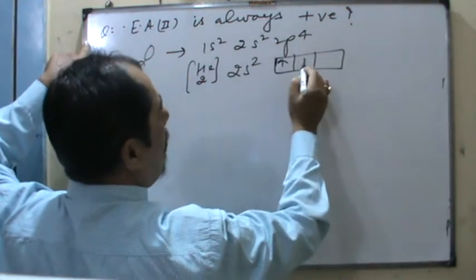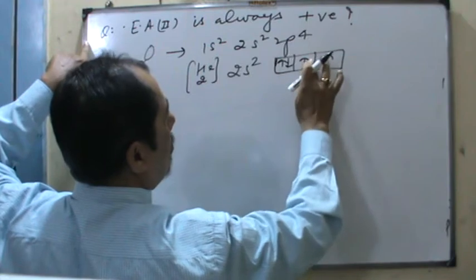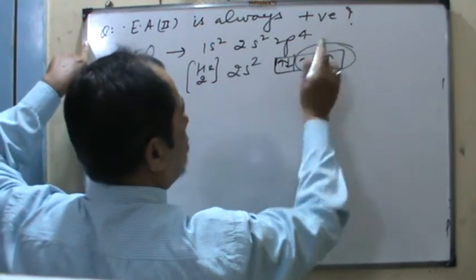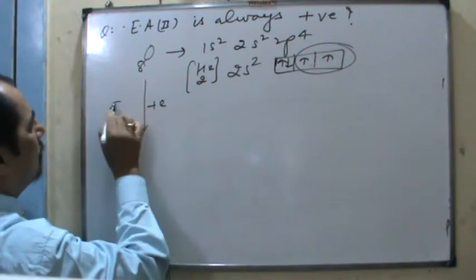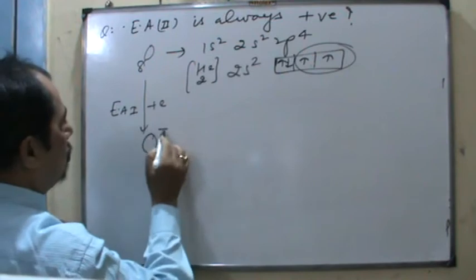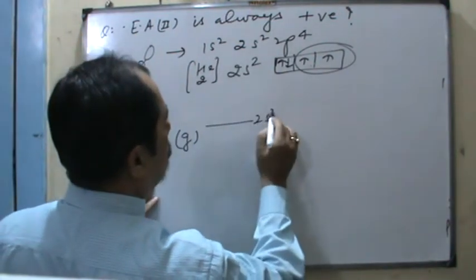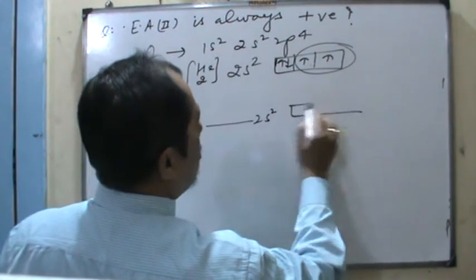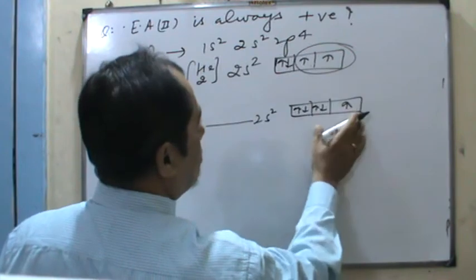Apply Hund's rule and it has 2 unpaired electrons, right? Now once you provide 1 electron, this is electron affinity 1 and it becomes O negative, right? Then its configuration is 2s2 and 2p5.